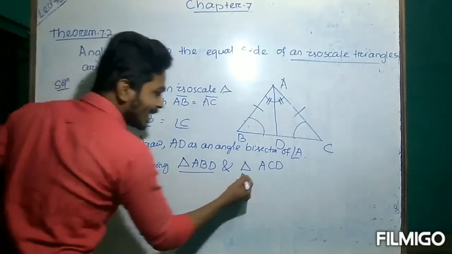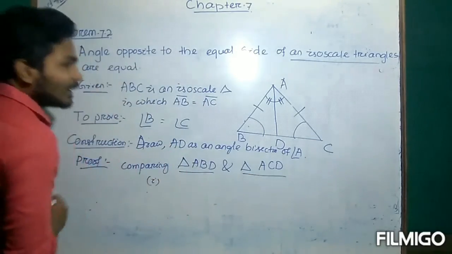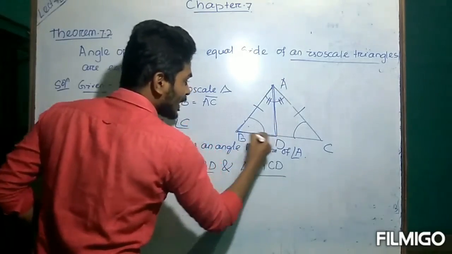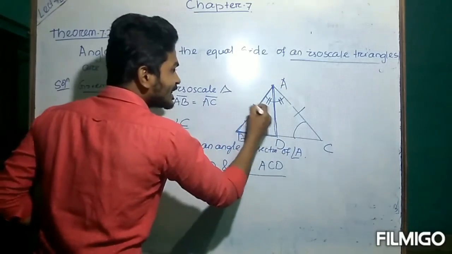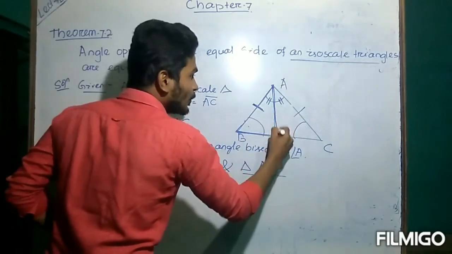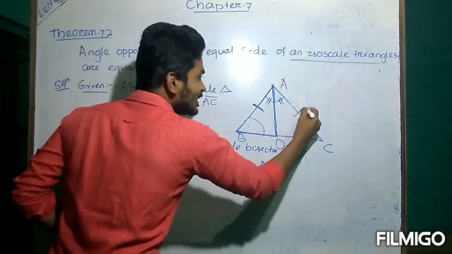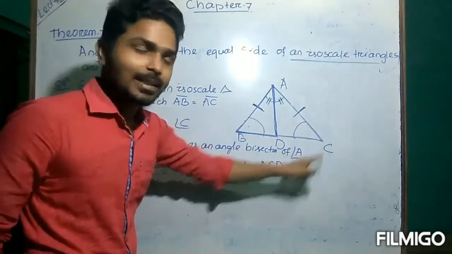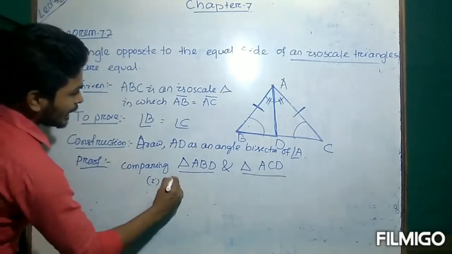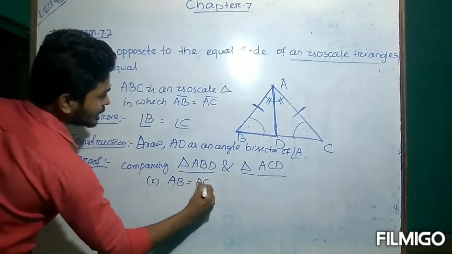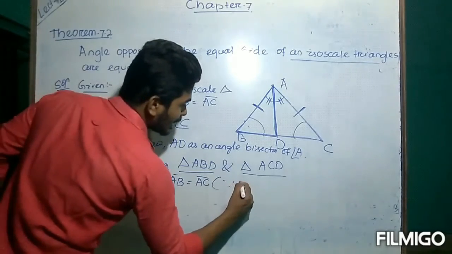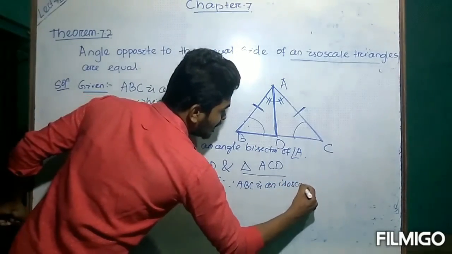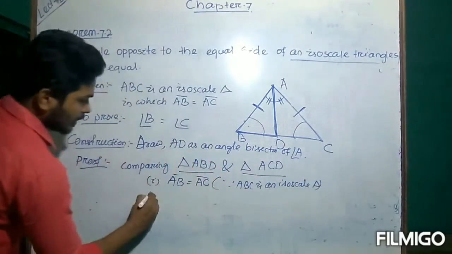So comparing this triangle and this triangle, we can write in the triangle ABD, this side is equal to, in this triangle ACD, this side, because it is an isosceles triangle and it is given AB is equal to AC. So we can write that AB is equal to AC. Why? ABC is an isosceles triangle.